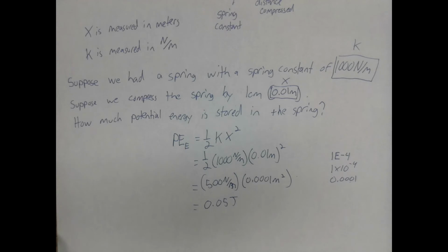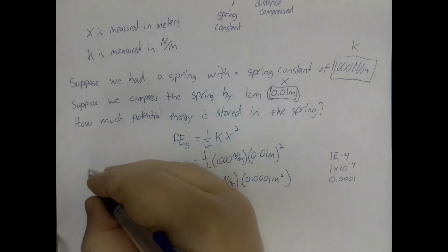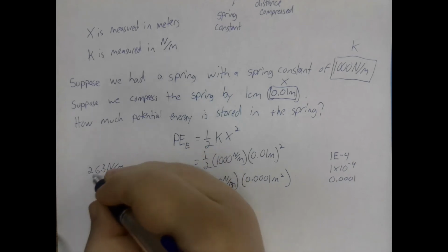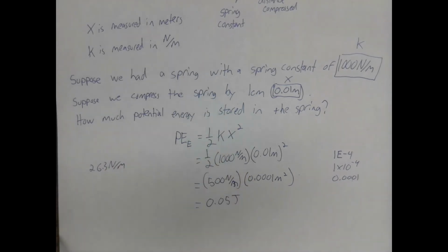If you're curious, a common spring that we all have is the spring in our pen. Is that very strong? That's about 263 Newton meters. That spring has just enough energy that when you click it, it moves forward the needle and ink. So this is a very, very super weak spring.